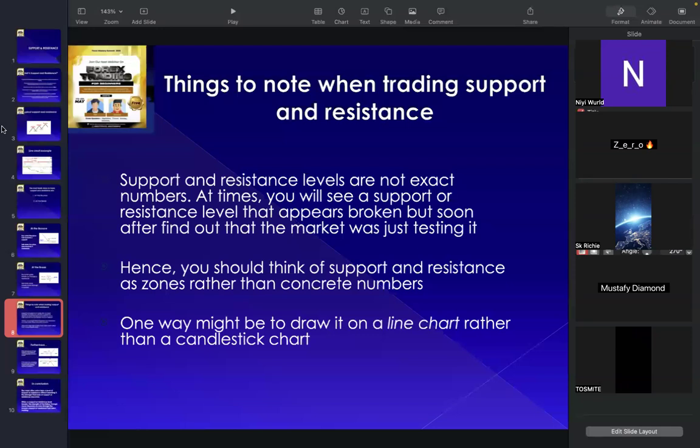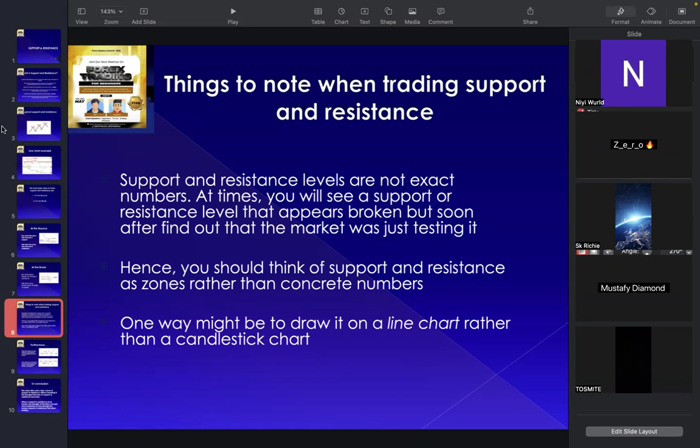You won't say market must get to 1 before I buy, or market must get to 100 before I sell. No, it doesn't work that way. You can't know precisely where market is planning to reverse or continue. You just have to predict a zone and then wait for the right moment to execute your trade at that particular zone.